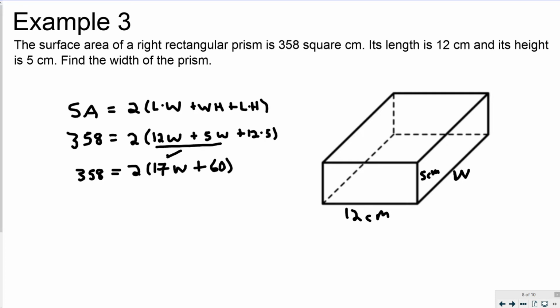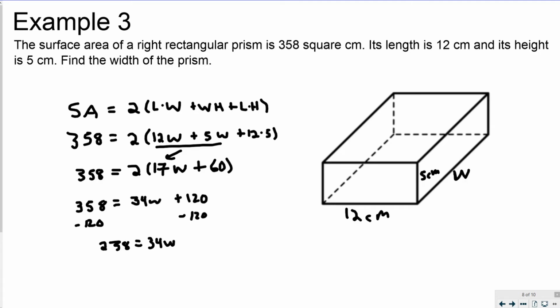So now I have a completely solvable expression. These are the two that combine to 17W. So we will use the distributive property. So 358 is equal to, distributing 2 to both, 34W plus 120. Then I'm going to take 358 and subtract 120 from both sides of the equation. So we get 238 is equal to 34W.